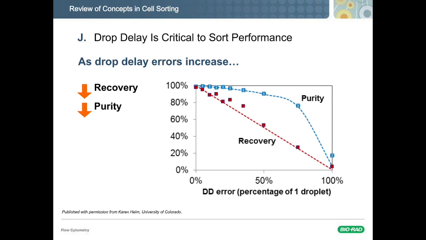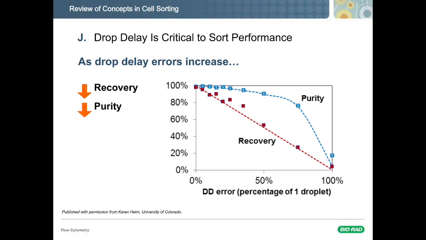Your recovery is lower because you didn't get the particle you wanted, but your purity is still hanging out up there okay for a while because you're not getting as many contaminants in. It really comes down to probabilities at that point. And if you had a 1 in 40 chance of actually getting the contaminant, you're not nearly as likely to see the effect early on in purity at slower event rates. If you were to raise the event rate way up and do 20,000 particles per second, then your purity will track much closer down to your recovery.